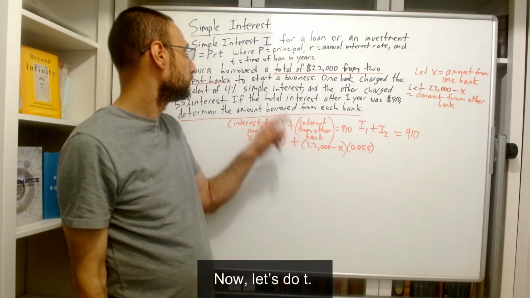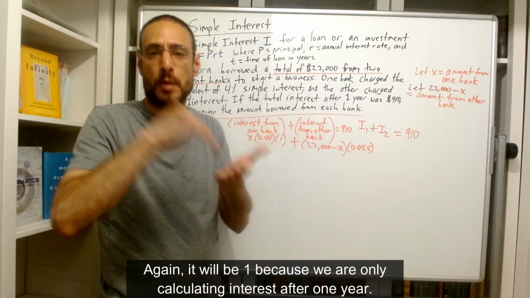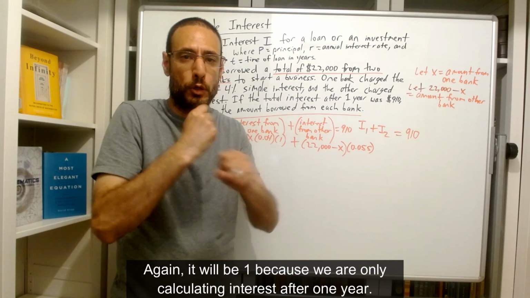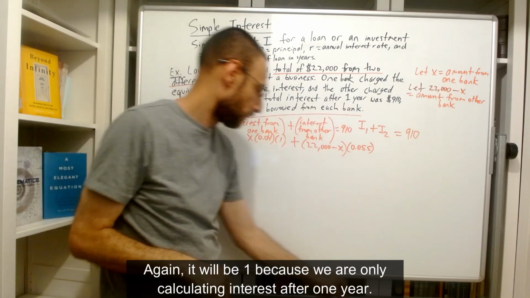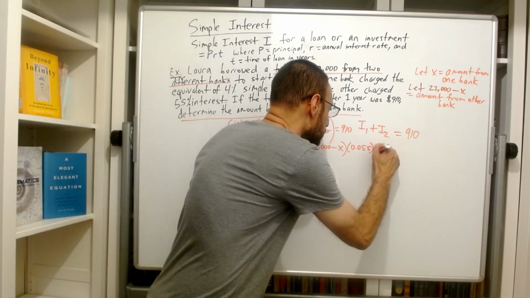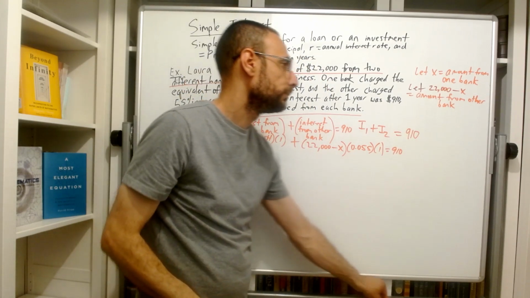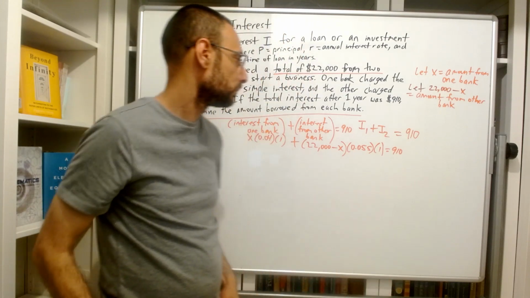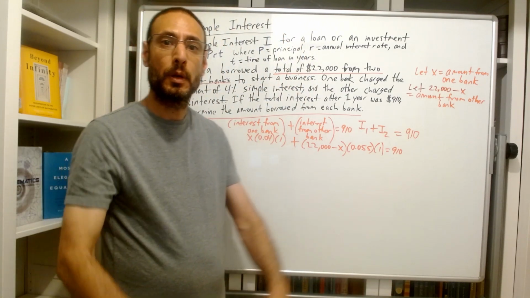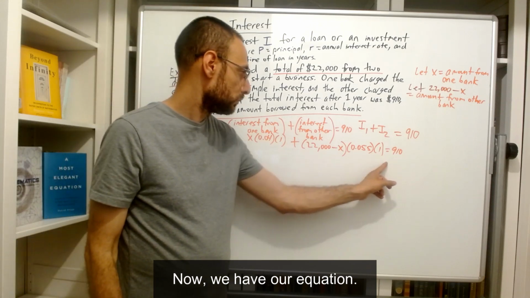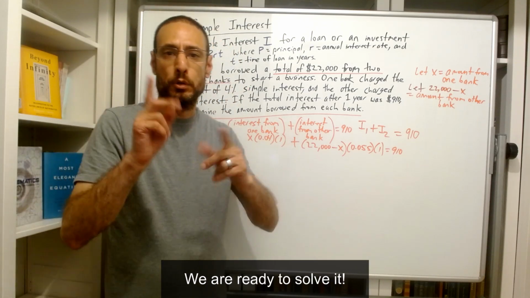Now, let's do T. Again, it will be 1 because we are only calculating interest after 1 year. Now, we have our equation. We are ready to solve it.